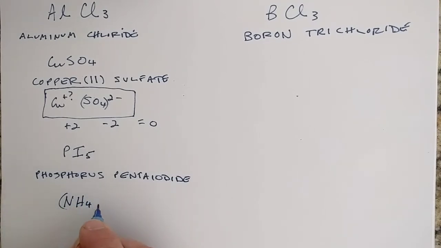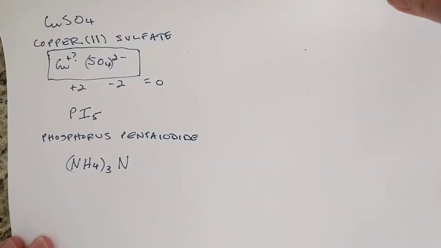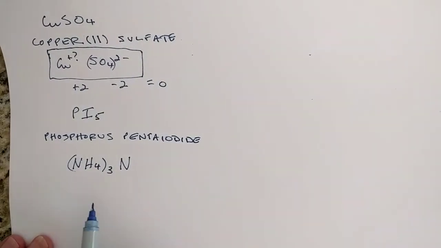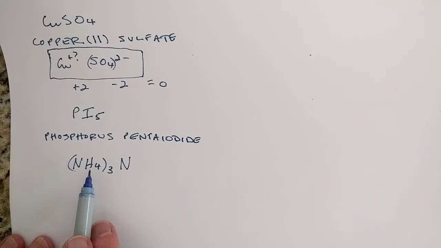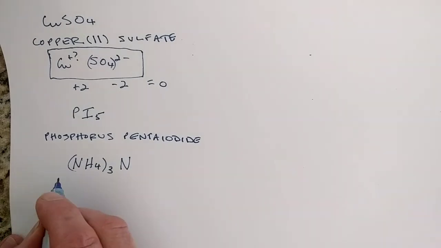All right, let's look at another example. (NH4)3N. Okay, so NH4, this is a polyatomic ion. It is on your polyatomic ion chart. It's the first one. So this NH4 is the ammonium ion.